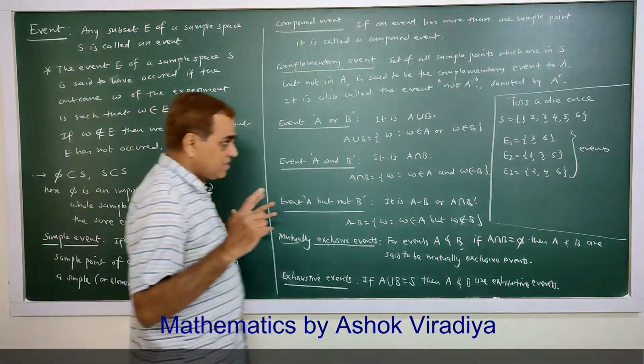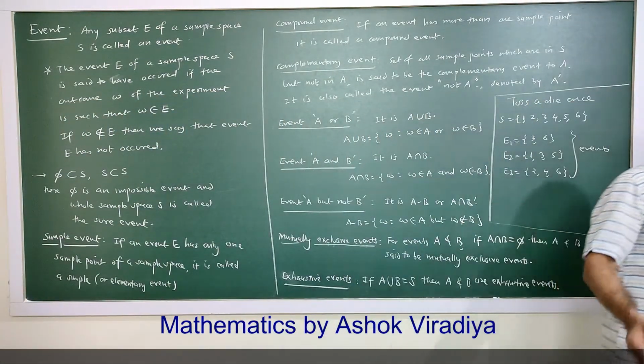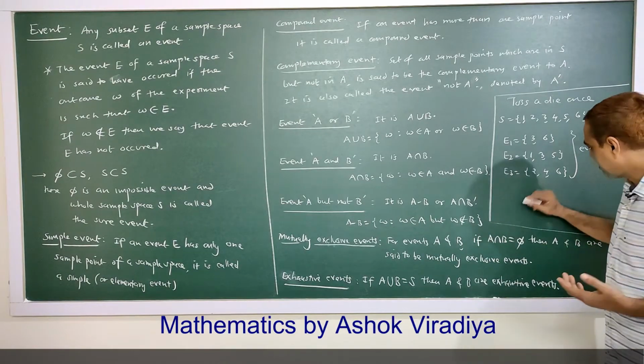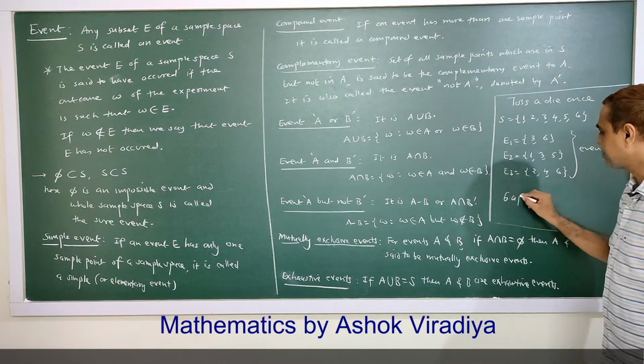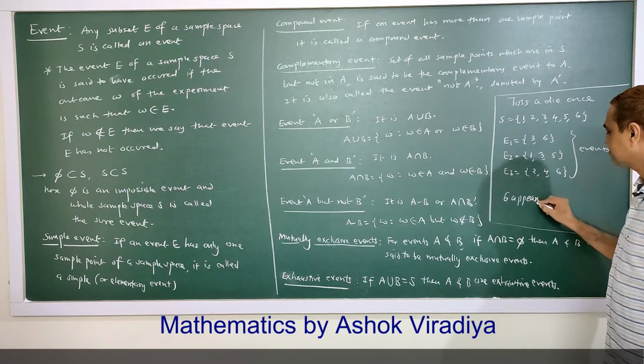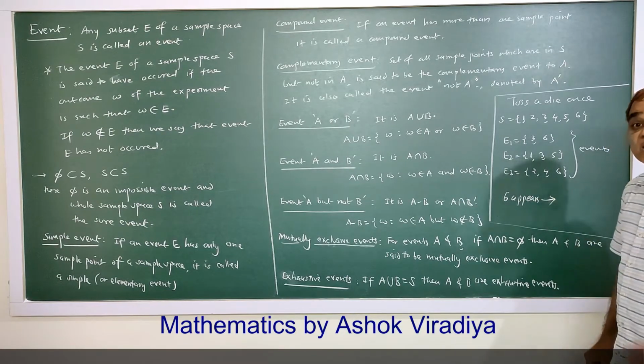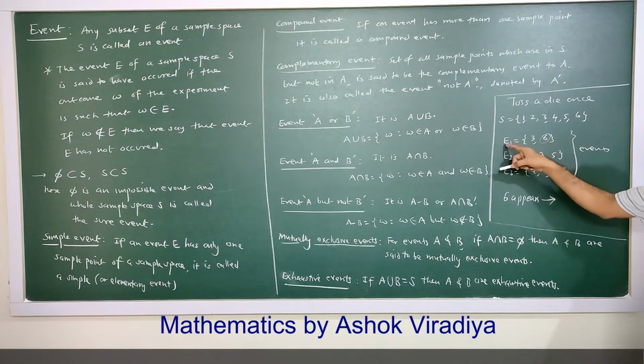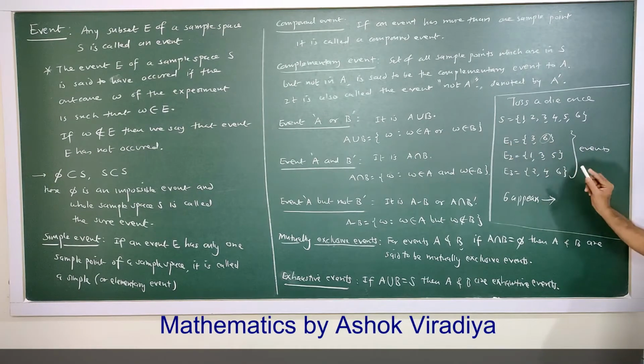Now when we toss a die, suppose 6 appears. Toss a die, if the outcome is 6, then what do we say? 6 is in this event, 6 is also in this event.